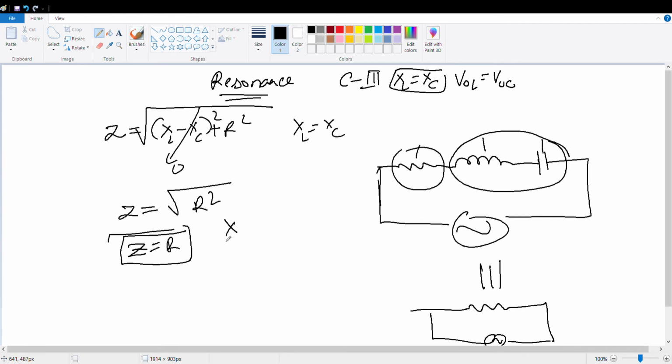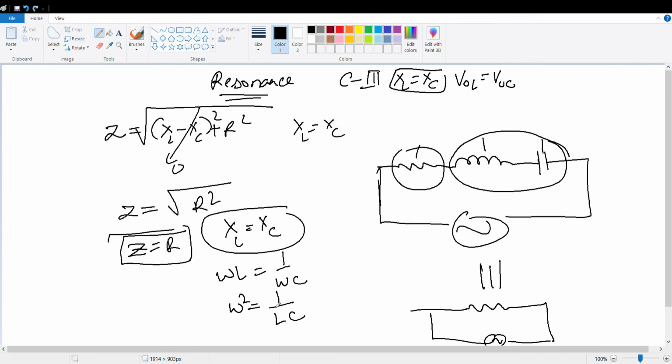Now we say XL is equal to XC. So what is XL? XL equal to omega L. And what is XC? 1 by omega C. Am I correct? So can we write omega square equal to 1 by LC? Yes, sir. What will be your omega? Your omega will be 1 by root LC.